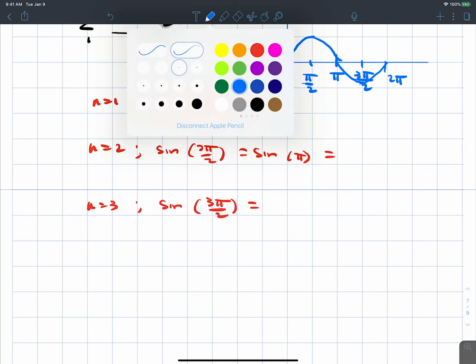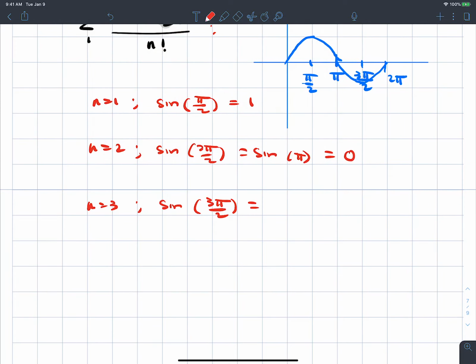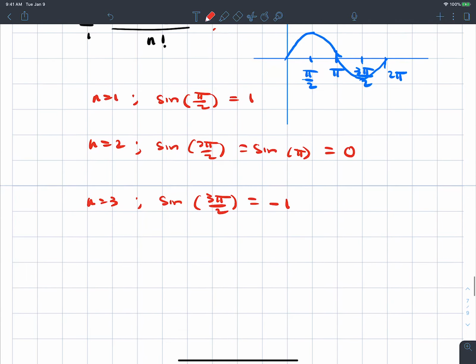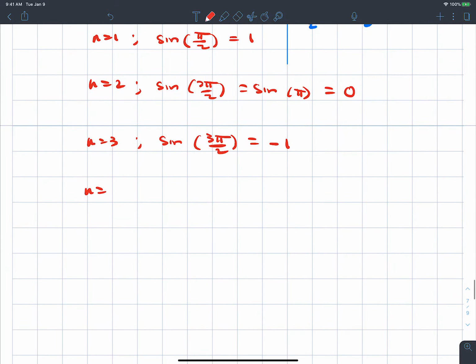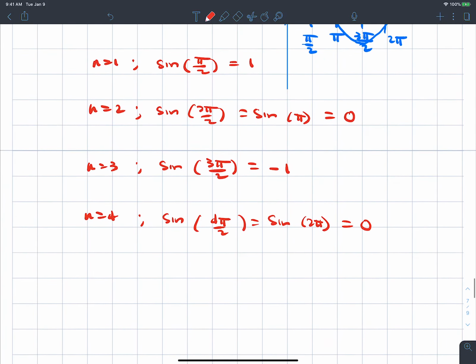Yeah, now it makes sense here. And then sine of 3 pi over 2 is negative 1. And if we say sine of 4 pi over 2, which is sine of 2 pi, which is 0.